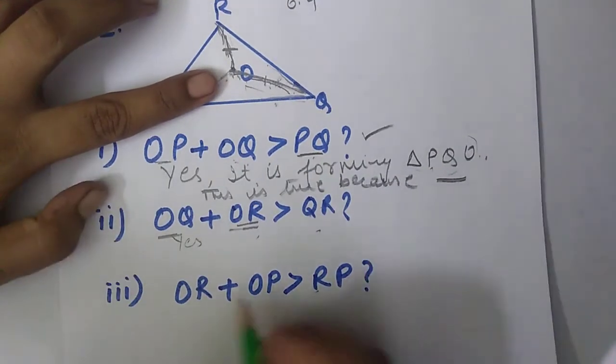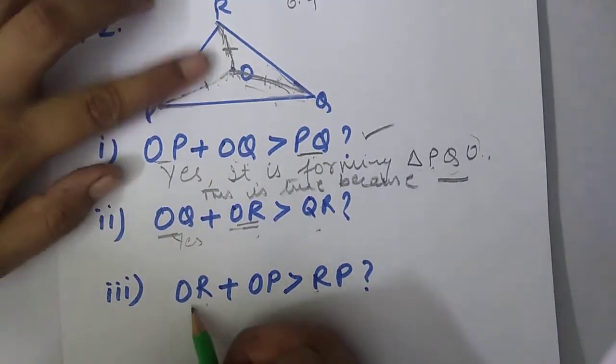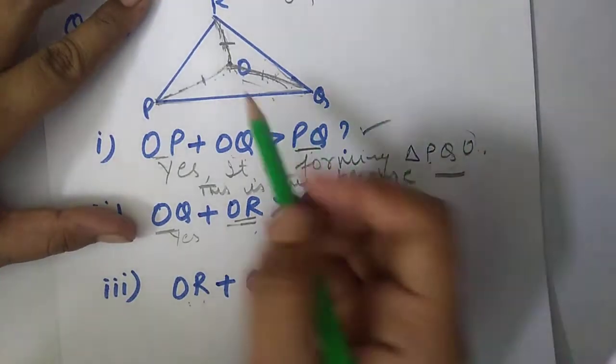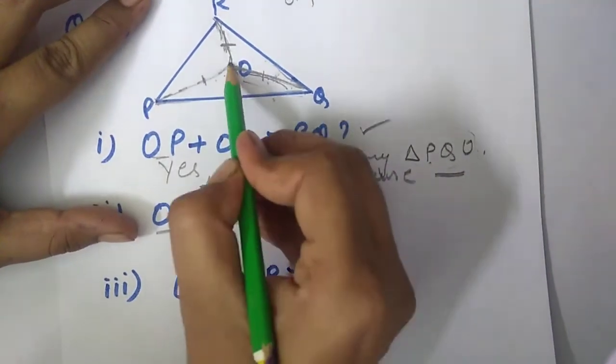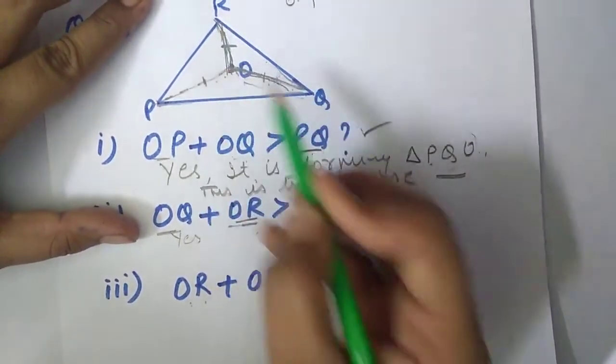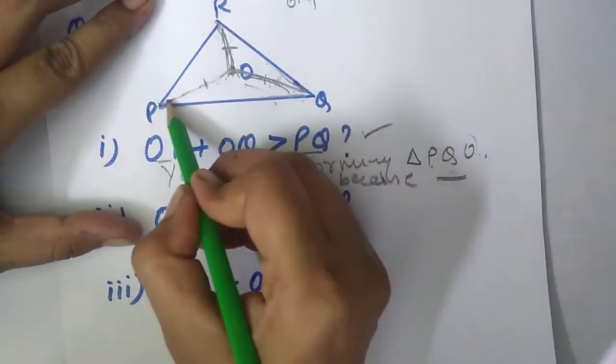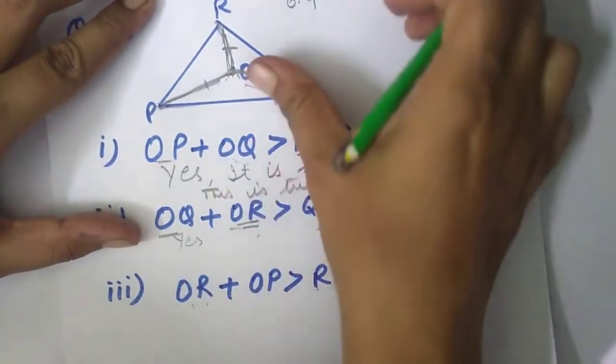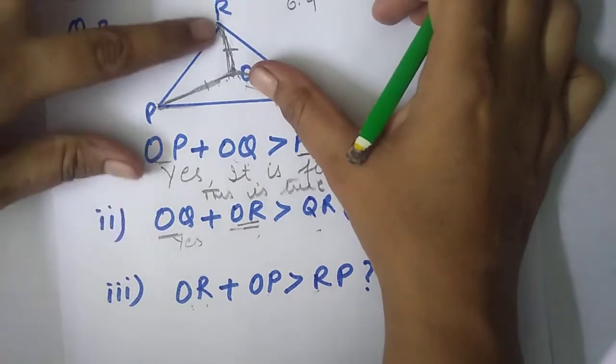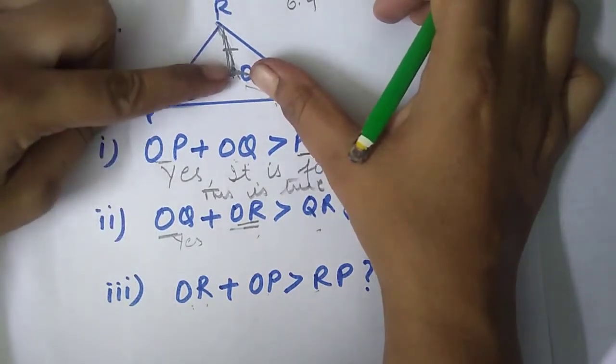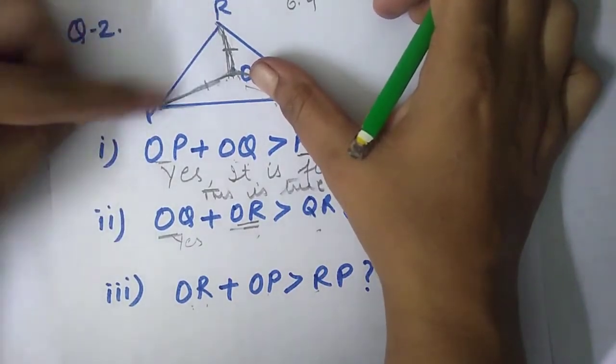Now come to the third part. You just have to find where OR is. This is OR, and OP is this. In the third part they are discussing OR and OP. Is the sum of these two sides greater than RP?